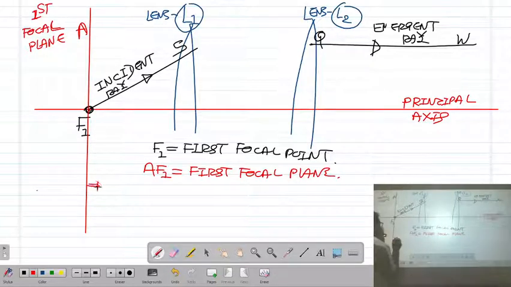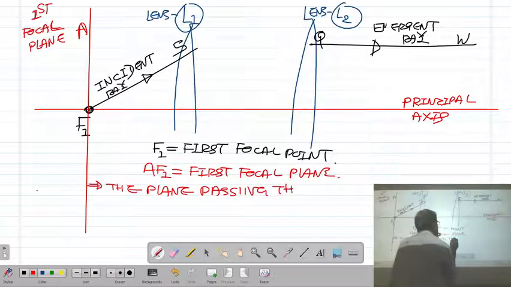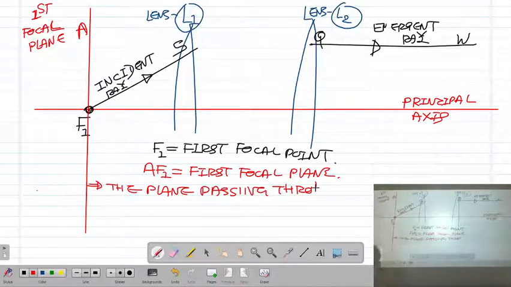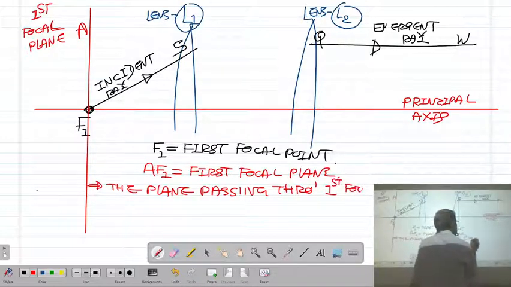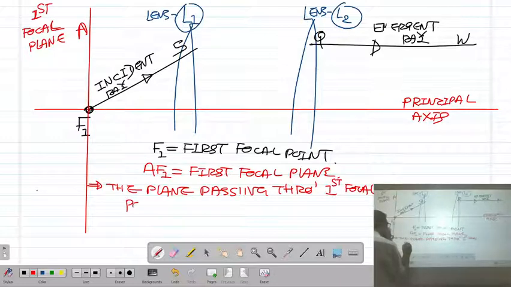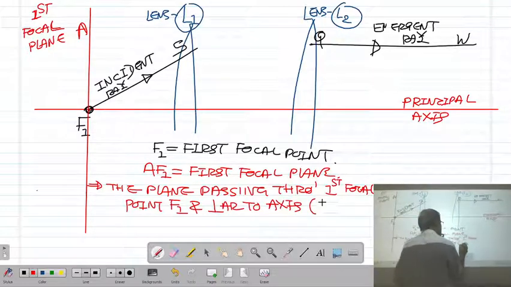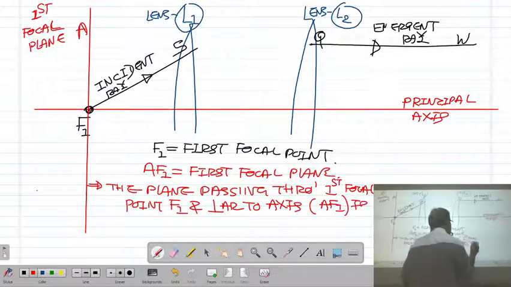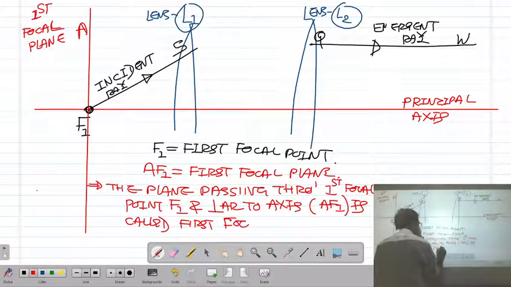Please write down the definition: the plane passing through the first focal point F1 and perpendicular to the axis, that is AF1, is called the first focal plane.